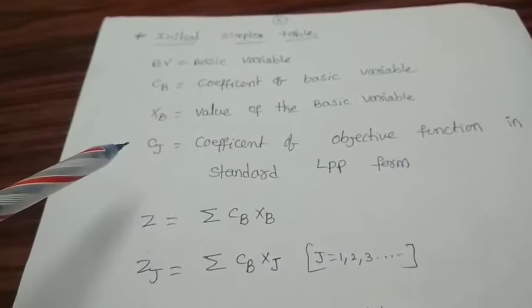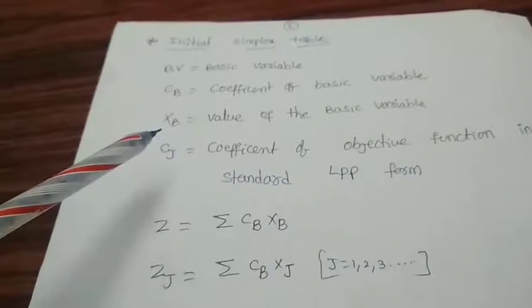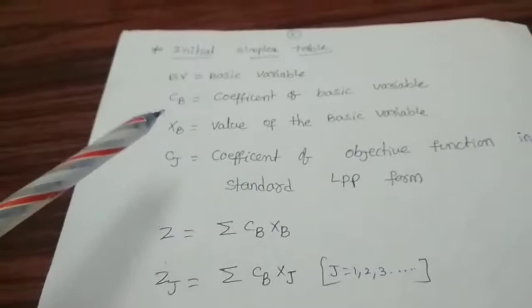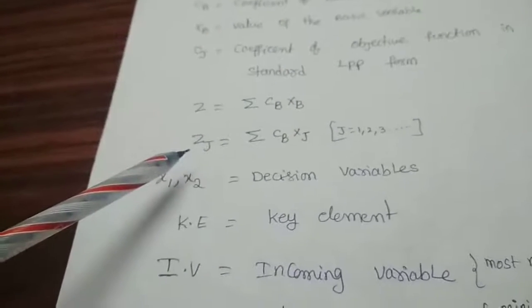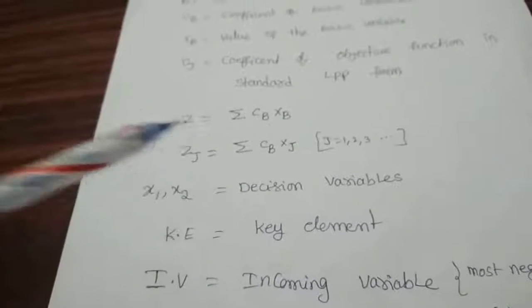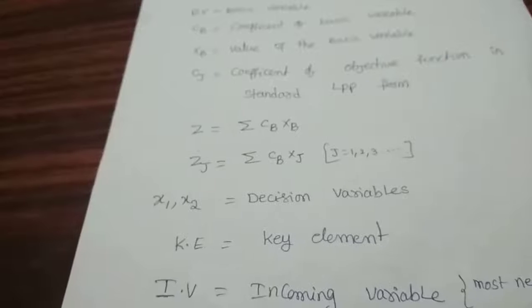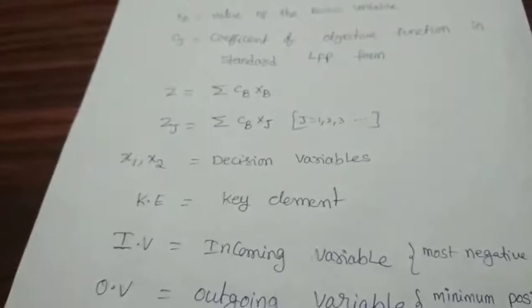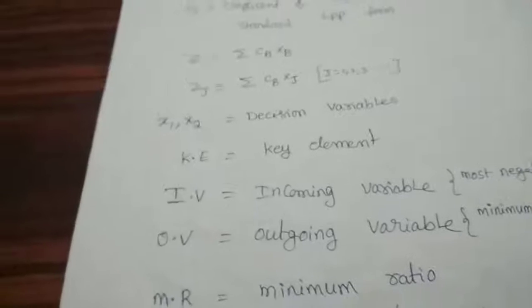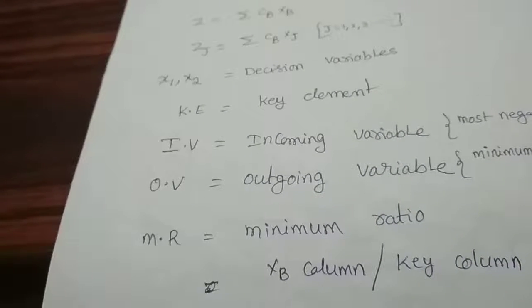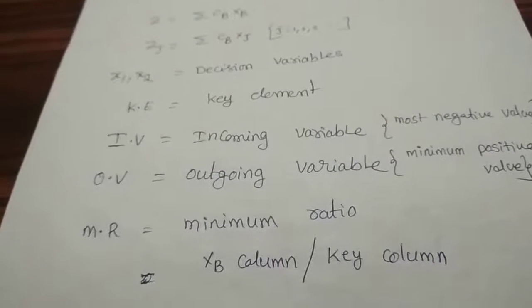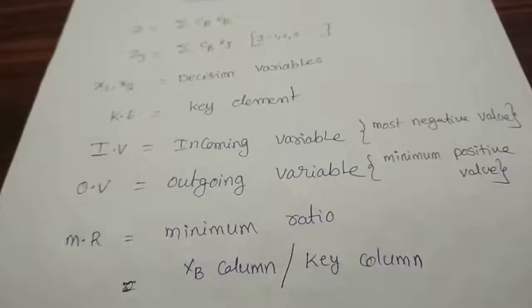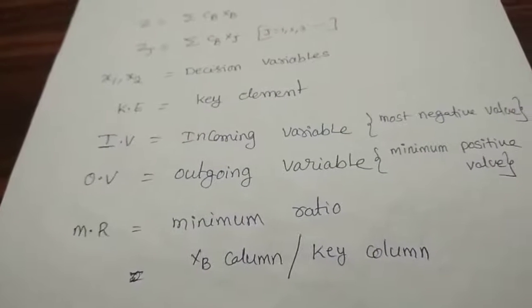Z equal to summation CB into XB, Zj equal to summation CB into Xj, where j is 1, 2, 3 and so on. x1, x2 are decision variables. K.E means key element, I.V means incoming variable, where we consider the most negative value, O.V means outgoing variable, where we consider the minimum positive value, and M.R means minimum ratio.